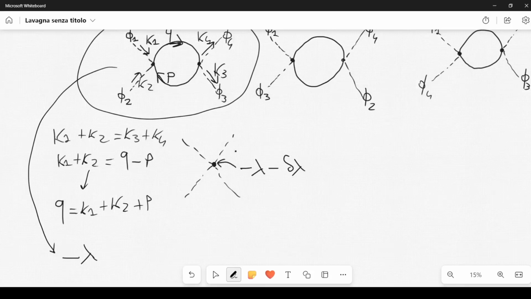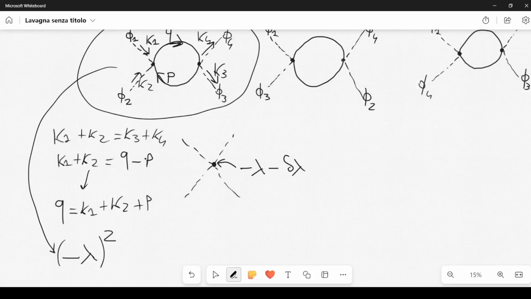But since there are two vertices, remember that we have to square this constant. Since we square it, and we are assuming that this delta lambda is a higher order correction, we will neglect the fact that we also have to subtract delta lambda to minus lambda here.